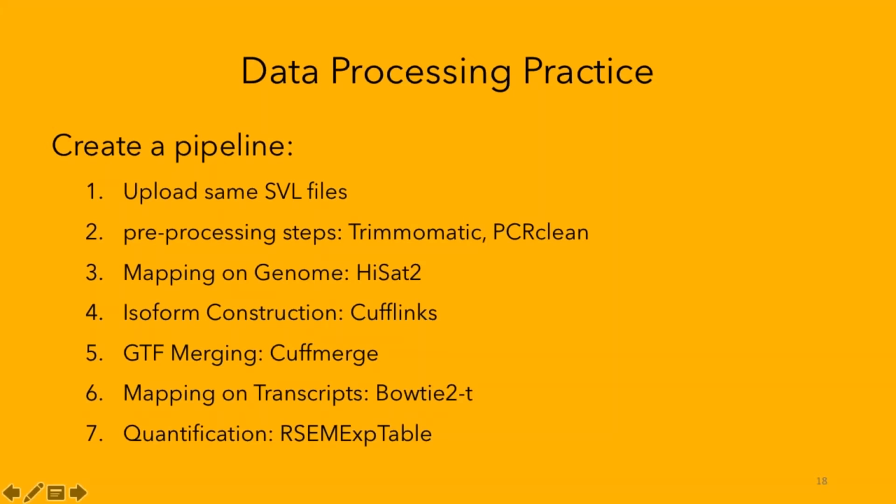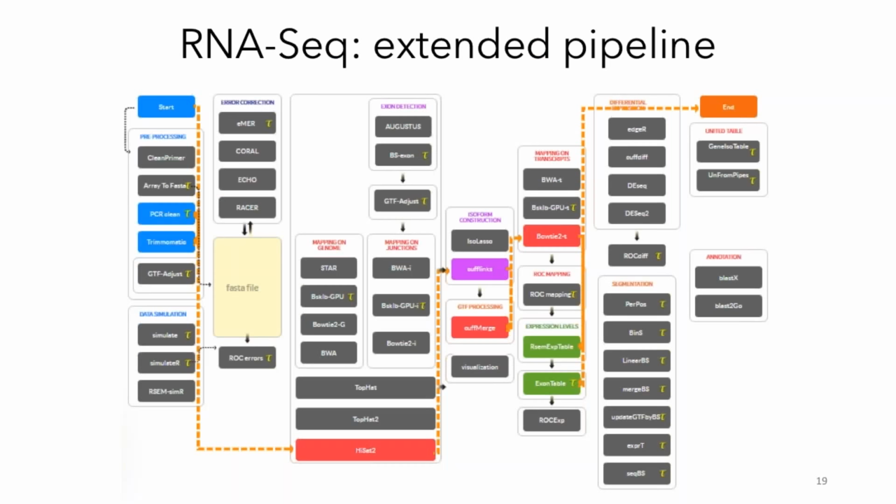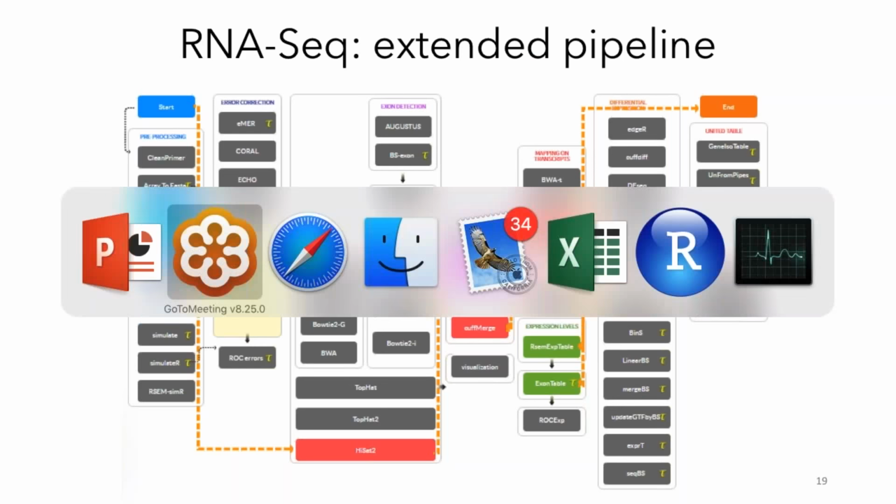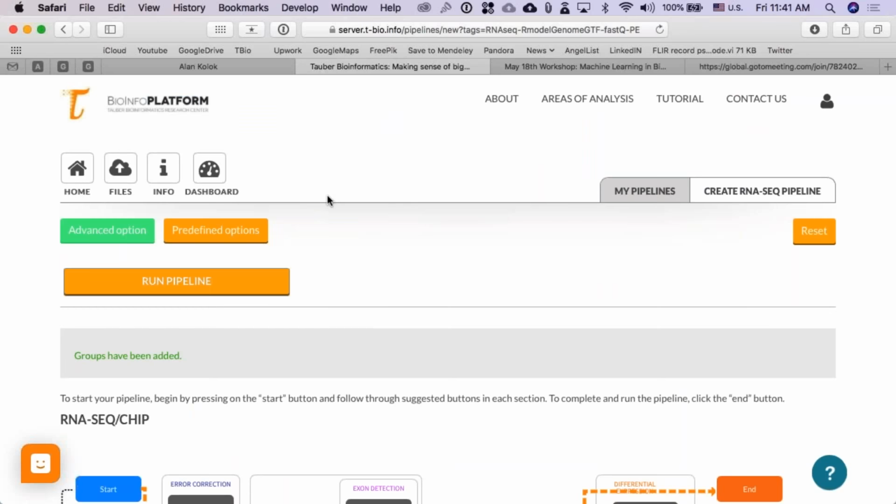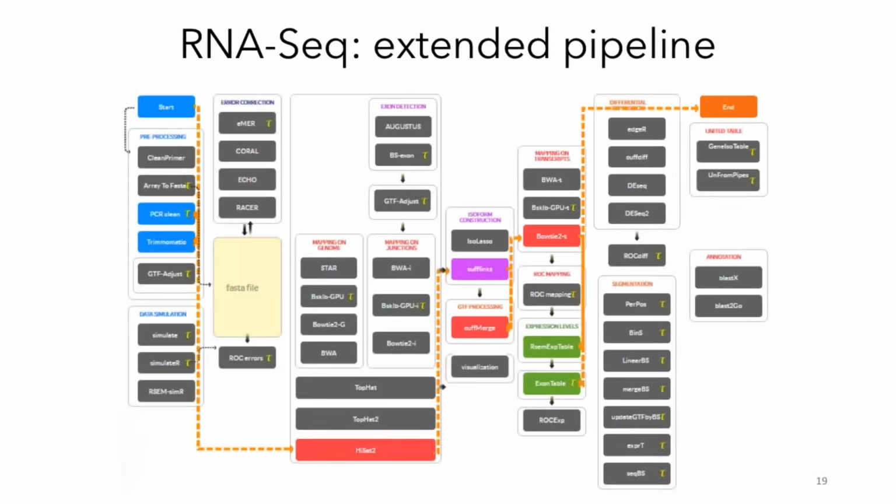Okay, here's an example pipeline that you should have received by now, or you should see on your screen, right? So if I take a look over here, I can see what I see right here. So what did we do? We uploaded the same SVL files. We trimmed the technical sequences. We removed the duplicates from our PCR, mapped it using a different mapper.